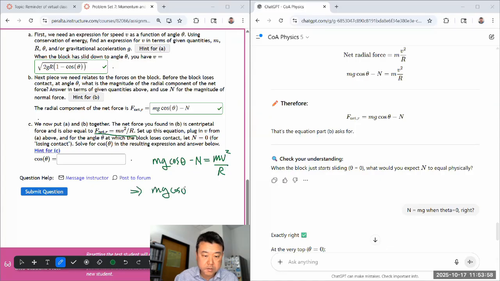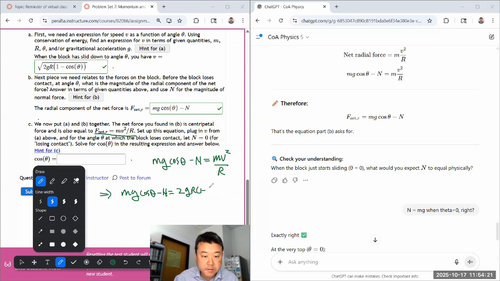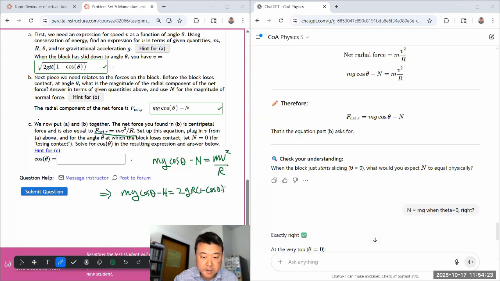So I get mg cosine theta minus n with the v plugged in. It's 2gr times 1 minus, running out of space. One minus cosine theta, divided by r, times m.